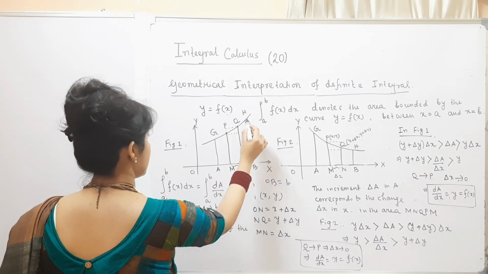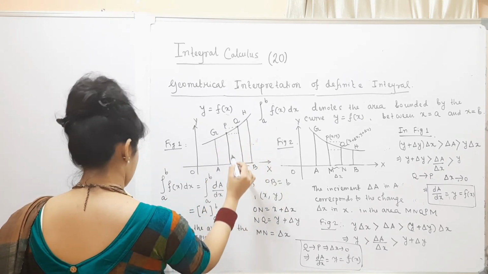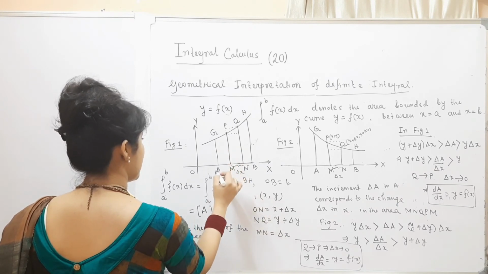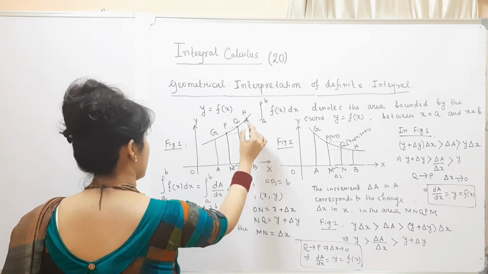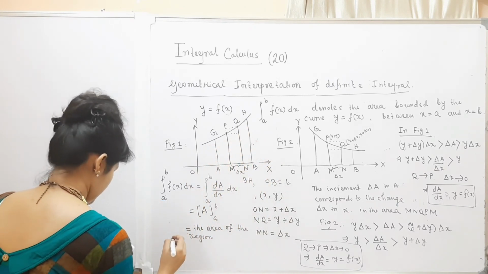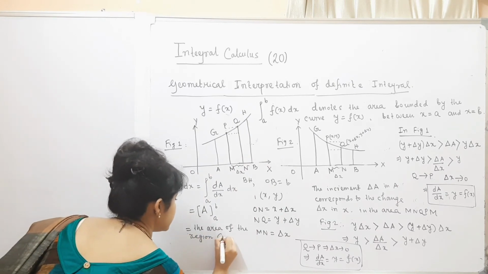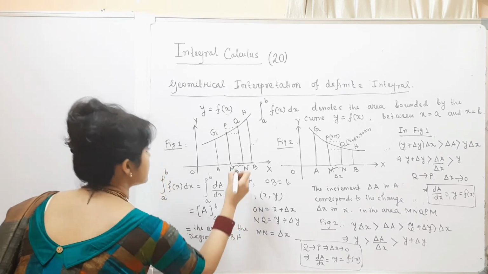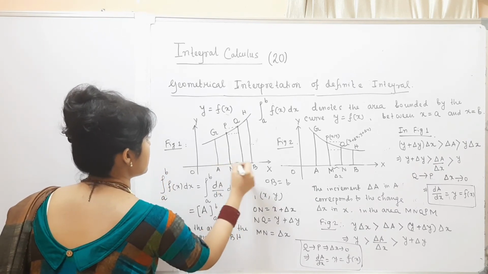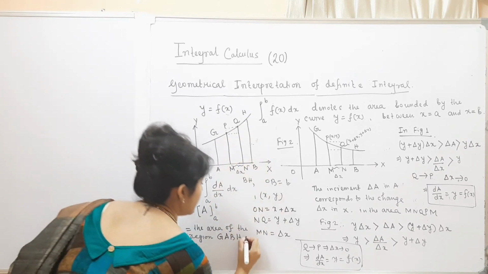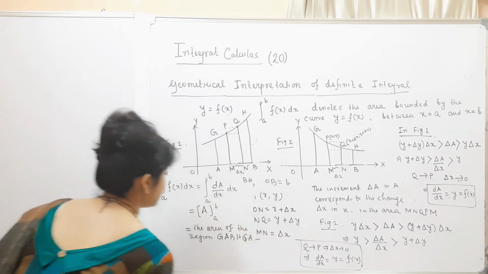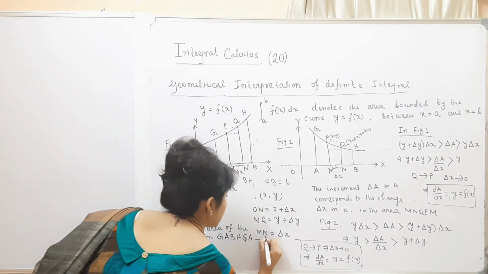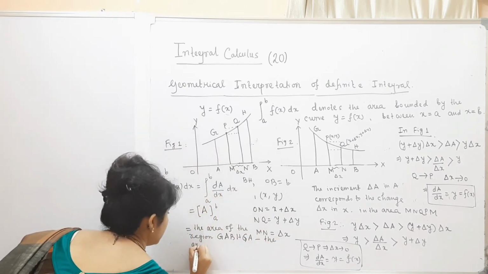That is GABHG. So it shows that GABHG minus the area.